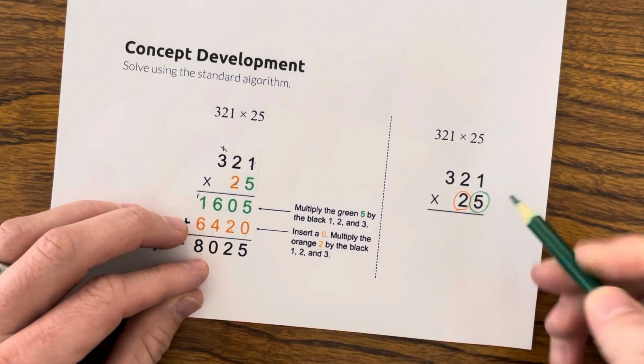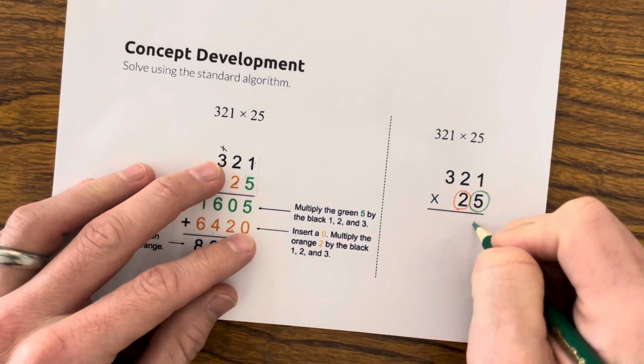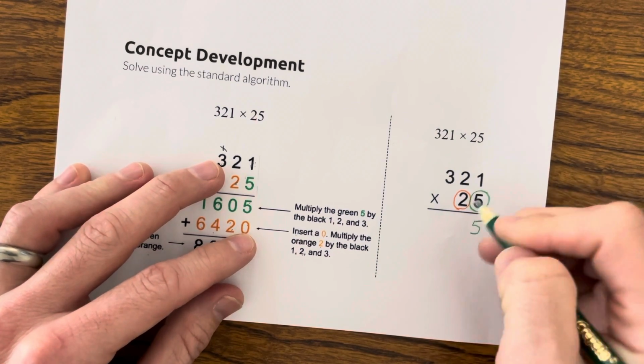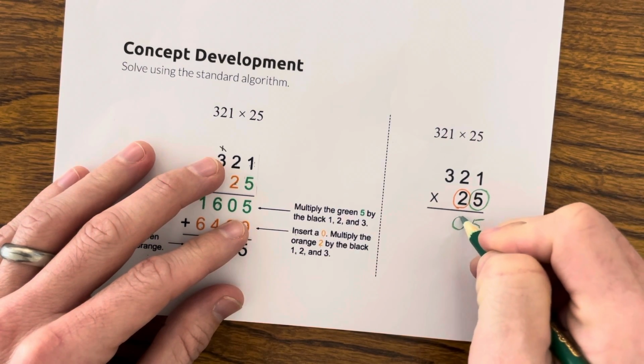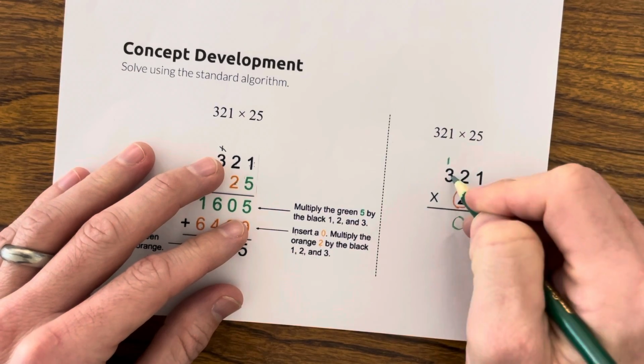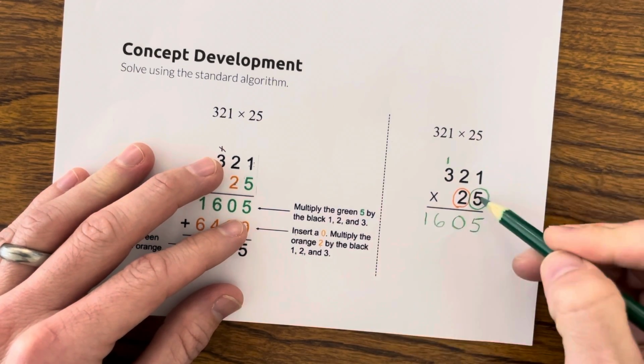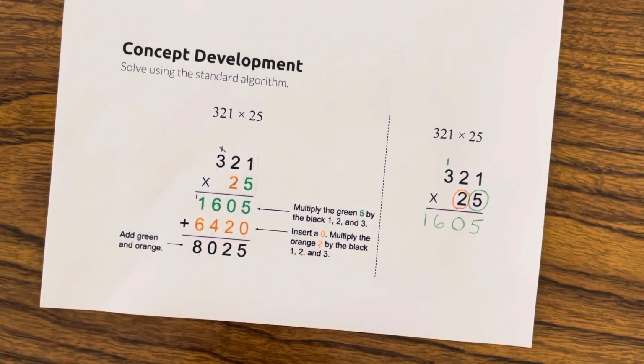We're focusing on this 5. 5 times 1 is 5, and we'll do it all in green because we're working with the green 5. 5 times 2 is 10. We don't put 10, we put the 0 down here and carry the 1. 5 times 3 is 15, plus 1 is 16. So there's my green line that goes with the green 5.